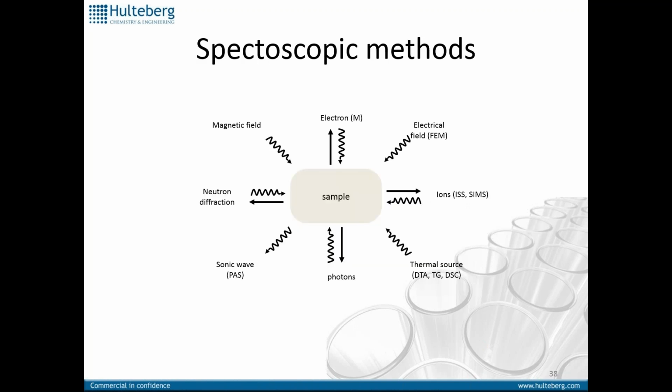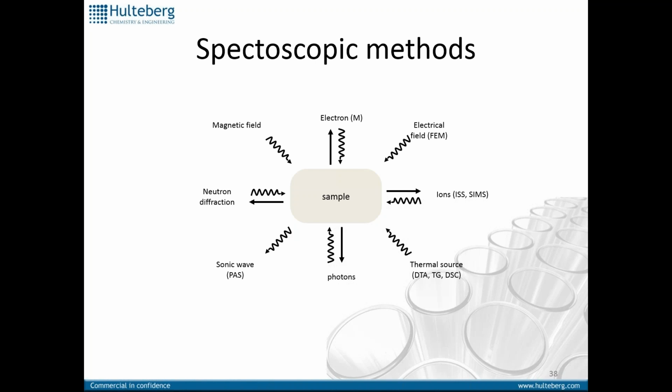That was the fine particle analysis. I will now spend a few minutes talking about spectroscopic methods. Spectroscopic methods are basically firing energy on a sample and seeing what happens.